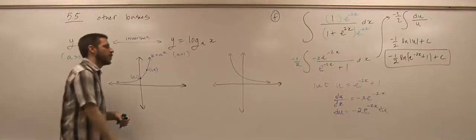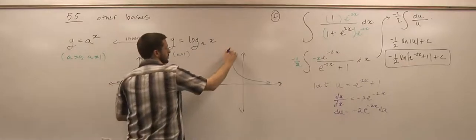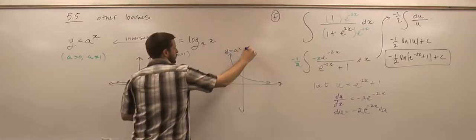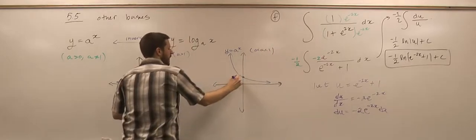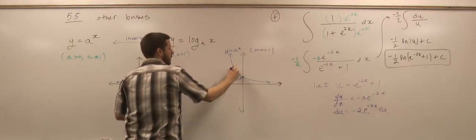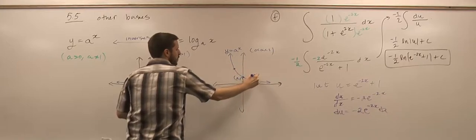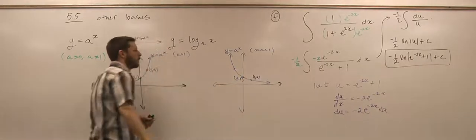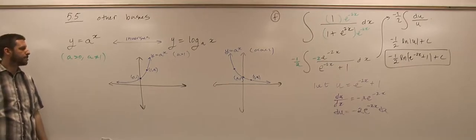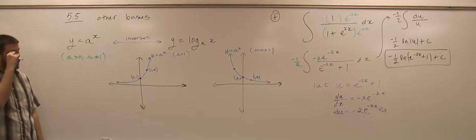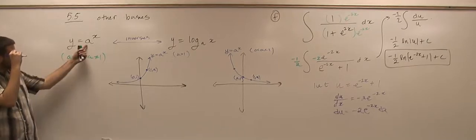If a is between 0 and 1, you look like this, where your y-intercept is the same, but now when you plug in 1, you get out a number less than 1. So it's going down. So pretty much everything you do with e to the x, you can do with general base a.